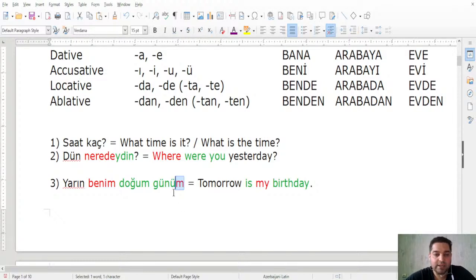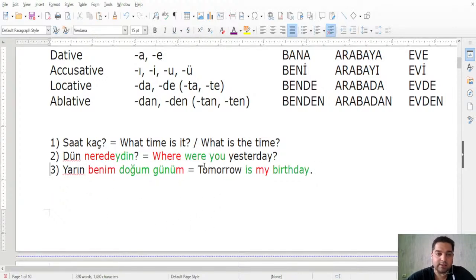If you say yarın senin doğum günün, it will be N instead of M. And yarın doğum günün will be enough without senin. So basically this M is just a reflection of this benim here. So that's the third sentence we covered.